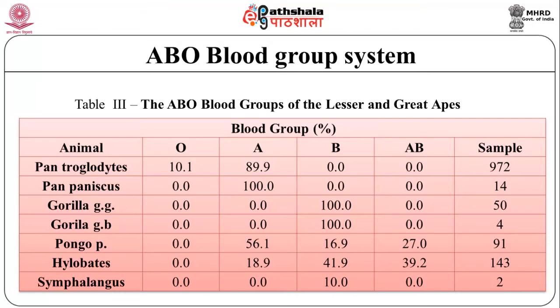For example, the fact that the ABO antigens are present in all primates studied to date would suggest that ABO polymorphism was present in the primate lineage prior to the separation of the Old and New World monkeys. Another important contribution has been in the study of the hybridization of monkey populations living in overlapping geographical areas. This table 3 shows the ABO blood group of the lesser and the great apes.